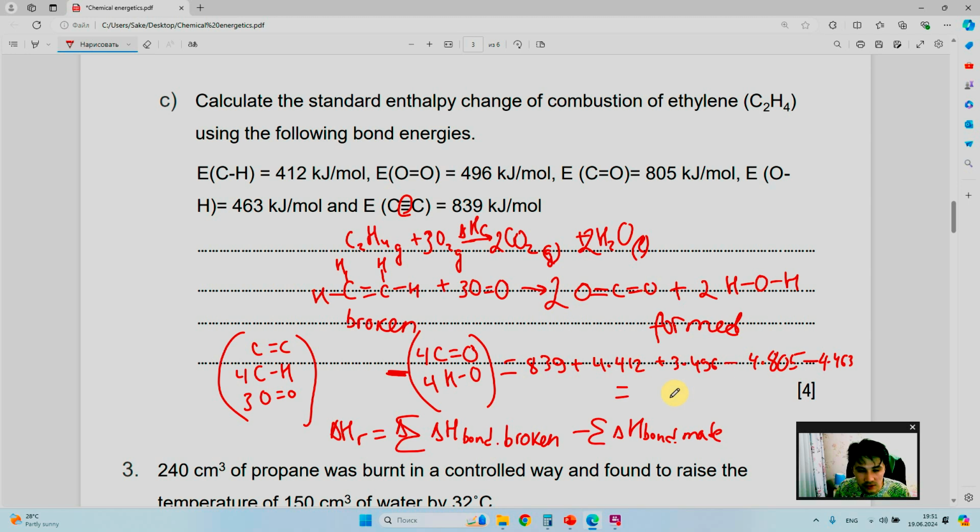And you'll get some value, and this value for sure must be a negative value. Units are kilojoules per mole.